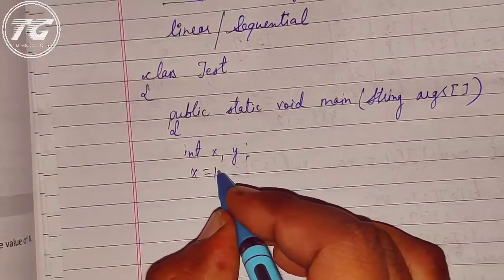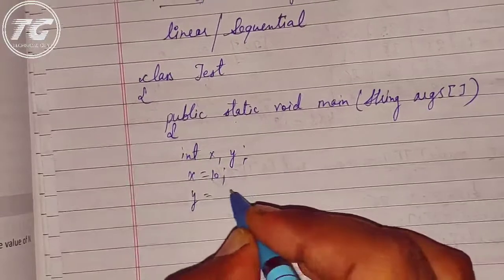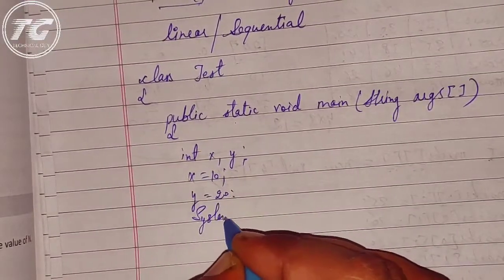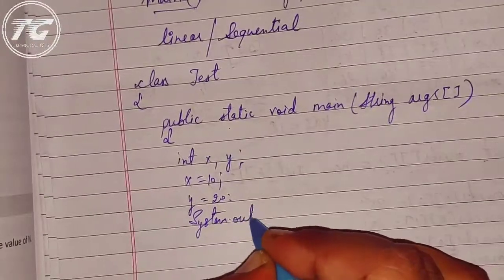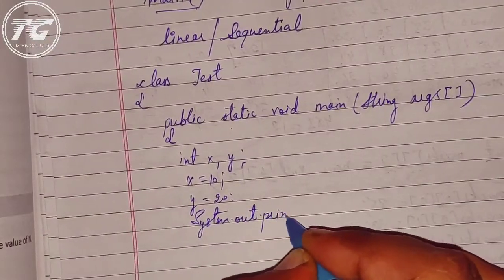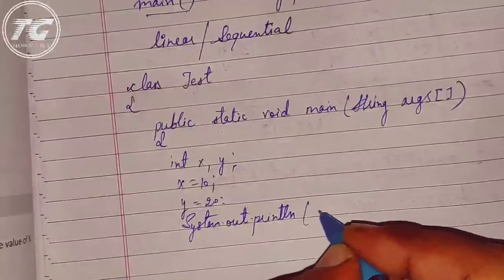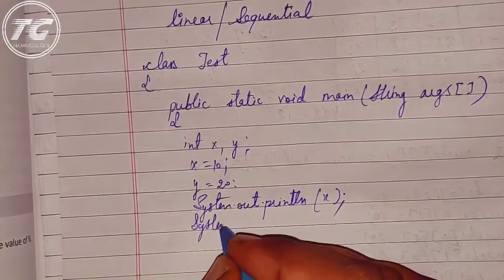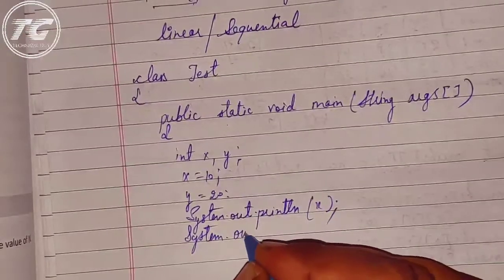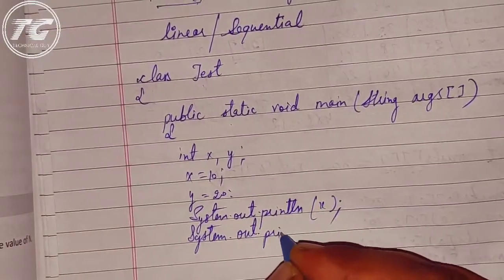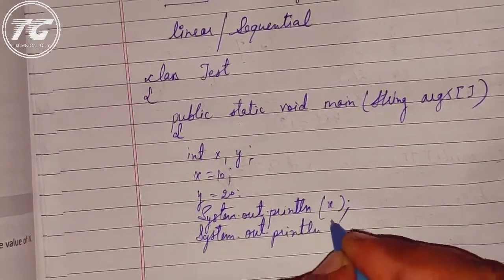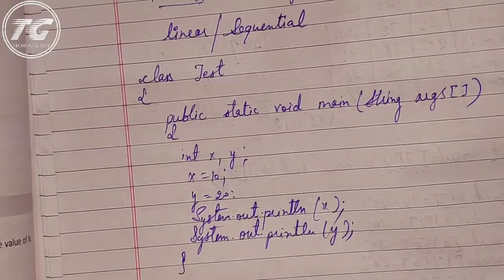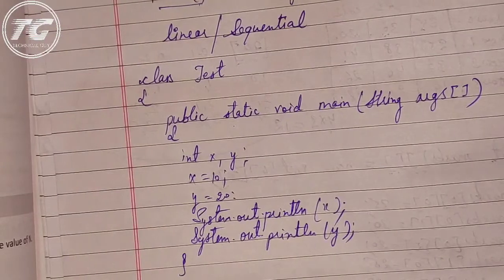The second statement is x = 10. The third statement is y = 20. The fourth statement is System.out.println(x), and the next statement is System.out.println(y), and then the main method is closed and the class is closed.